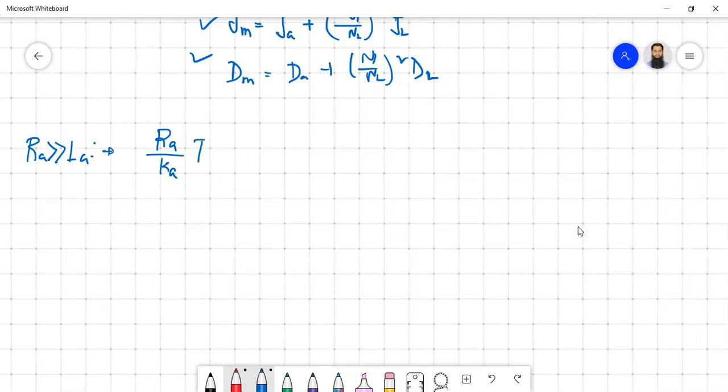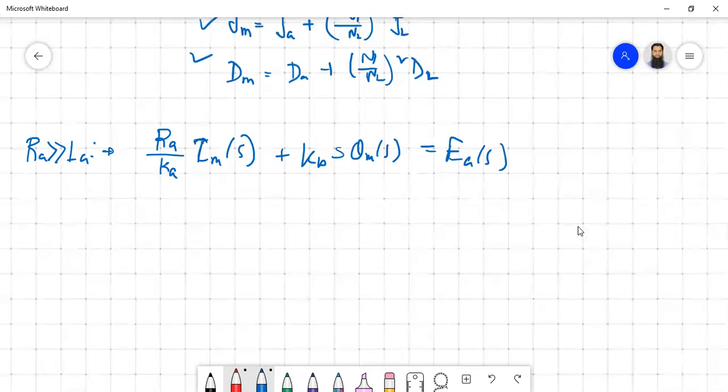Then you have (Ra/Kt) τm(s) plus Kb sθ(s) equal to Ea(s). We are not replacing the torque by omega; we just want to find the relation between the speed and the torque, so basically the motor characteristics.